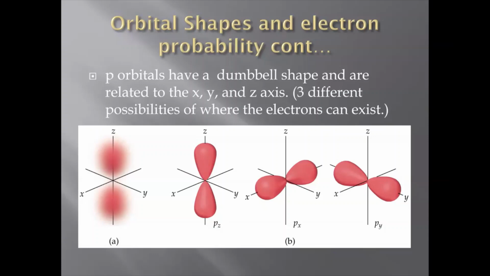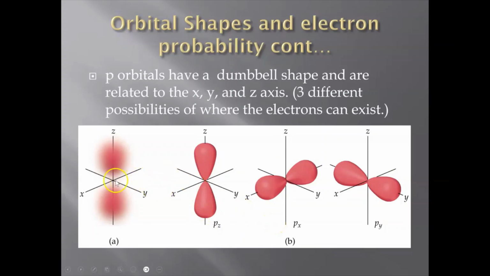Then you go to L equal to 1. Well, L is equal to 1, you have -1, 0, and +1. So that's 3 possibilities. This is the reason why, because you have one possibility on the z plane, one on the x, and one on the y. So you have 3 different possibilities of where the electrons can be existing.